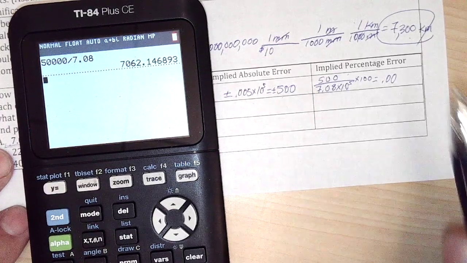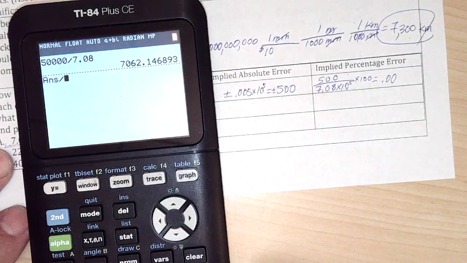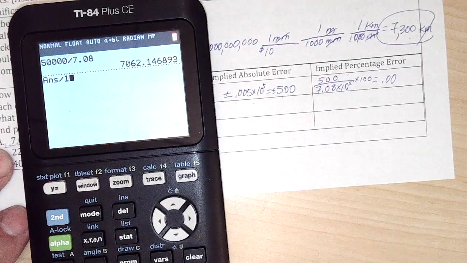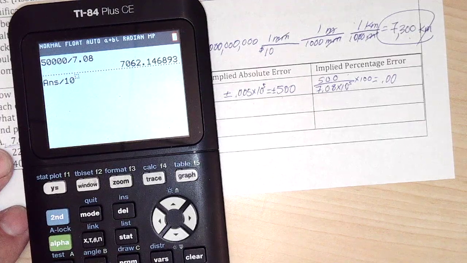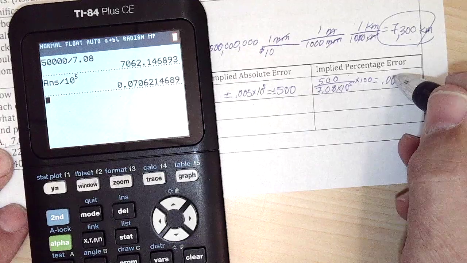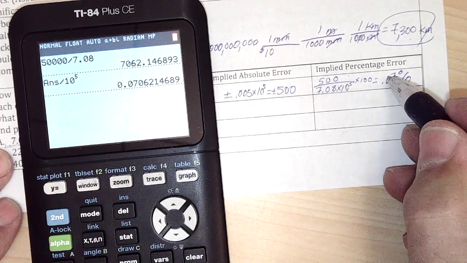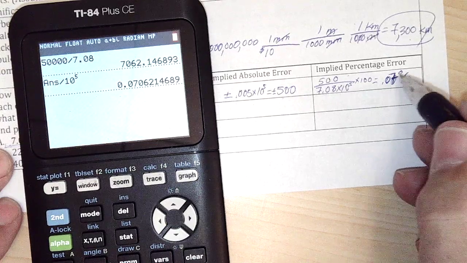I wasn't watching what I was doing. That's this number, and then I have to divide that by 10 to the 5th, and I get 0.0707% error. Pretty small error.